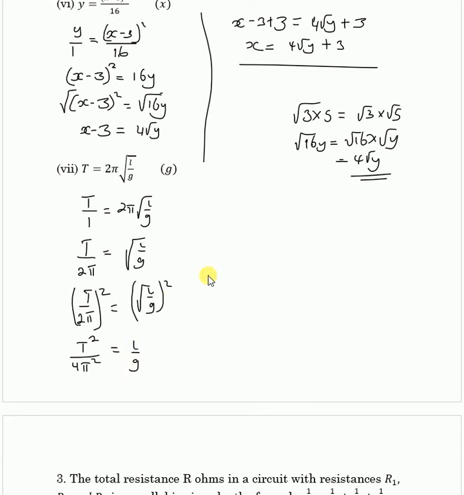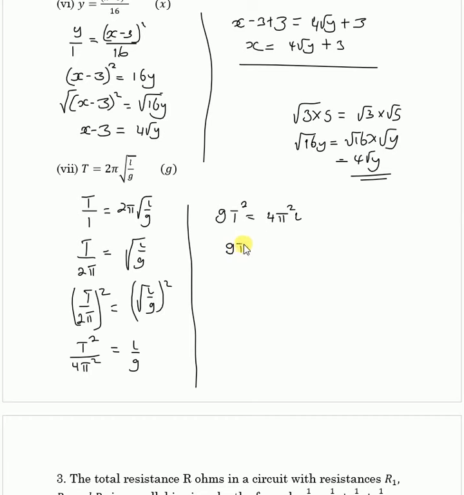And from there, I can now cross multiply. When I cross multiply, I shall have g t squared is equal to 4 pi squared times L. Then I divide through by t squared.